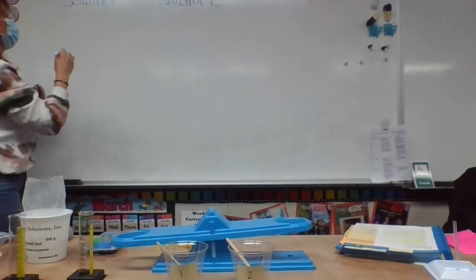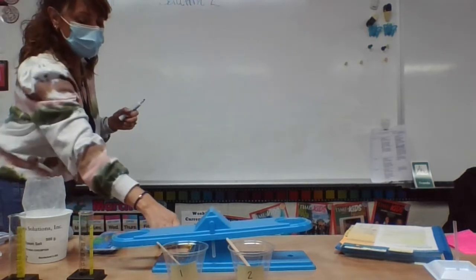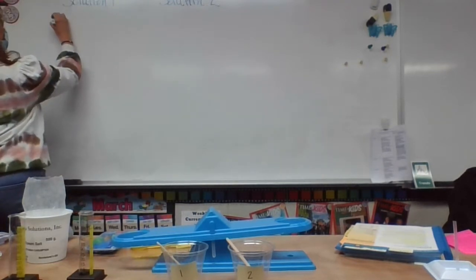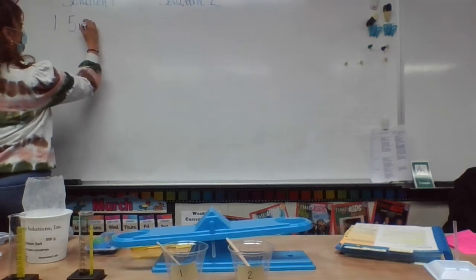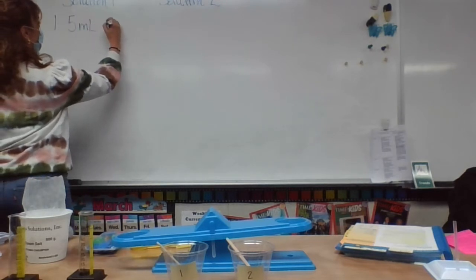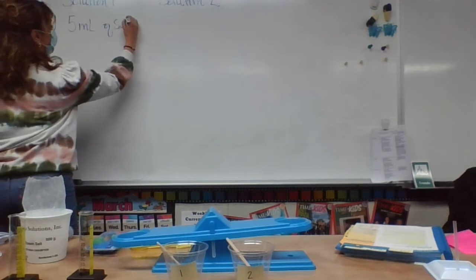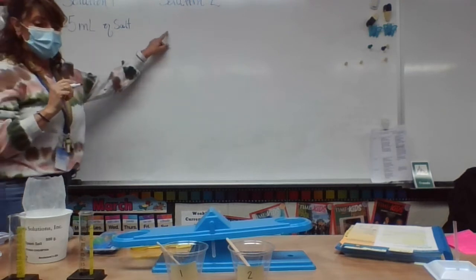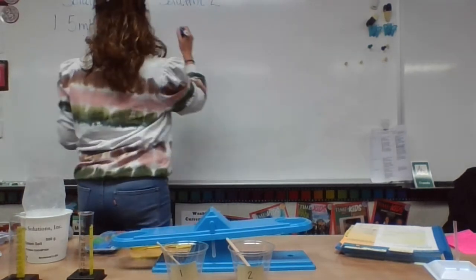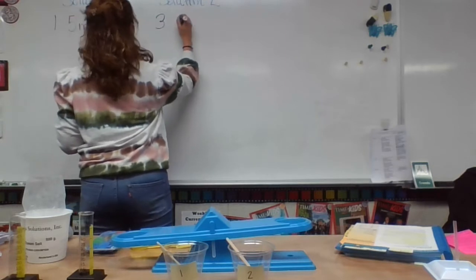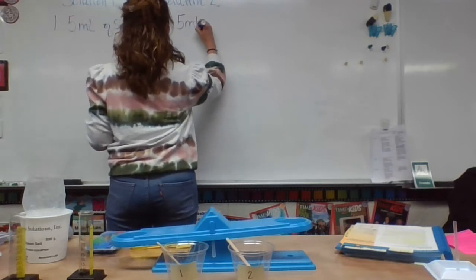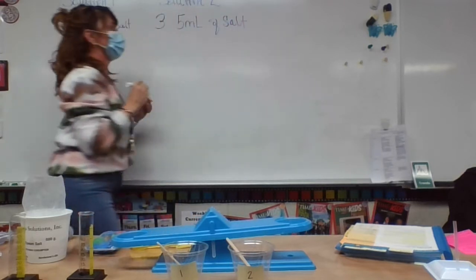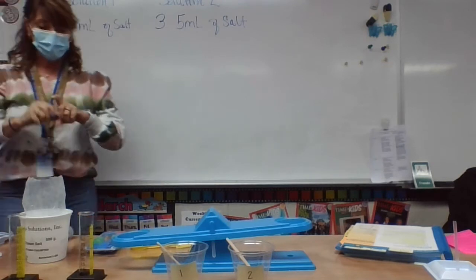I'm going to use a 5 milliliter scoop. I'm going to put 1 5 milliliter scoop of salt into solution 1. Then on solution 2, I'm going to put 3 5 milliliter scoops of salt. That's 15 milliliters. Okay. So let me start with that.